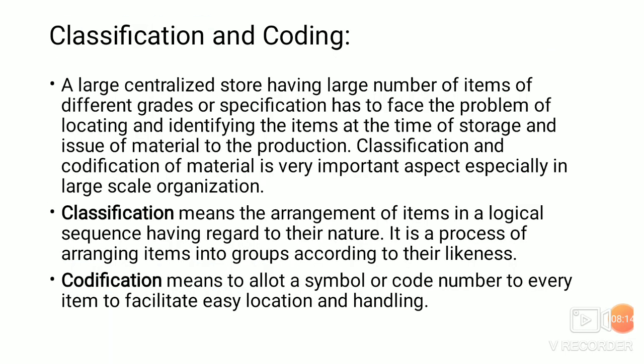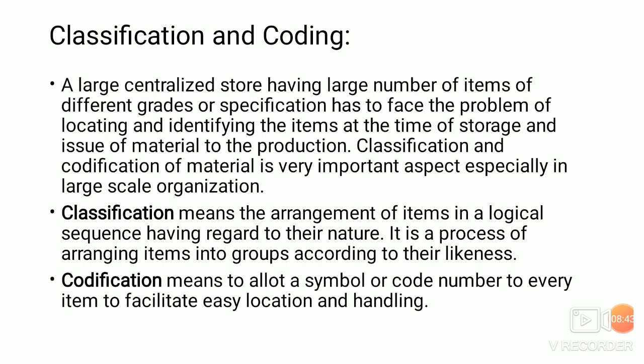Next we are going to see classification and coding. If the company has a large centralized store, there will be more confusion about how to track a particular item, material, tools and equipment. So instead of confusion, we can classify the material according to its nature and category, and give a coding to each classification with a symbol or a code number.